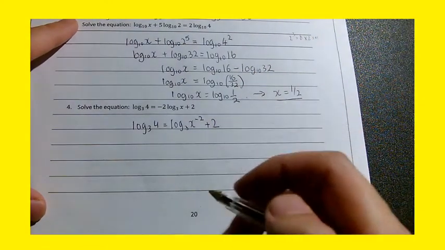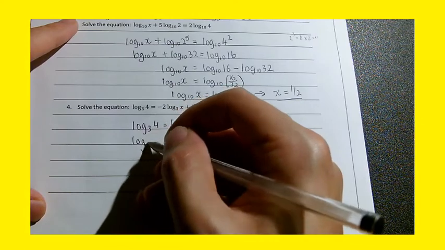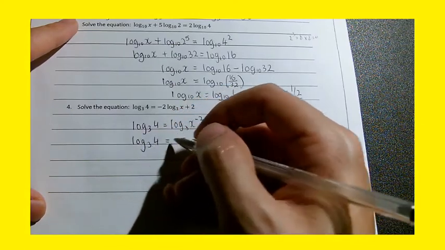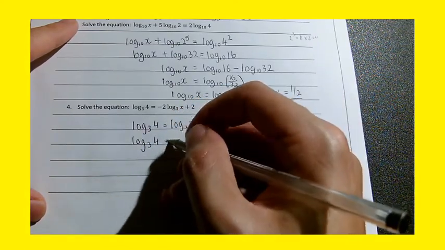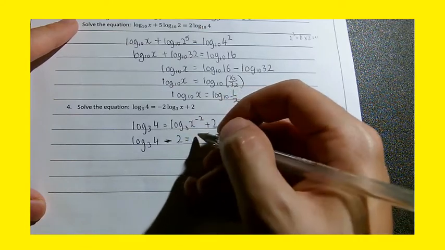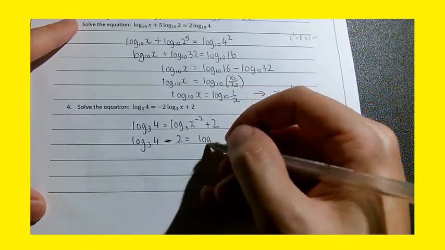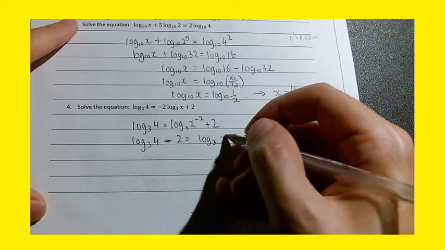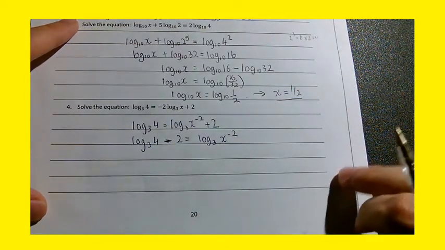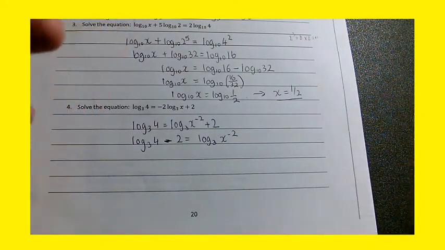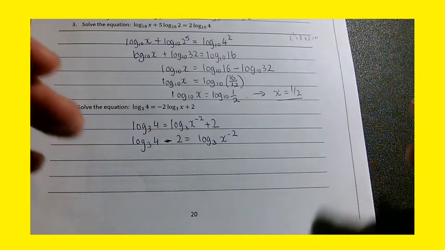Now, I'm going to subtract the 2 because I don't want that there anymore. Again, I want to try and get the log with the x isolated on its own.